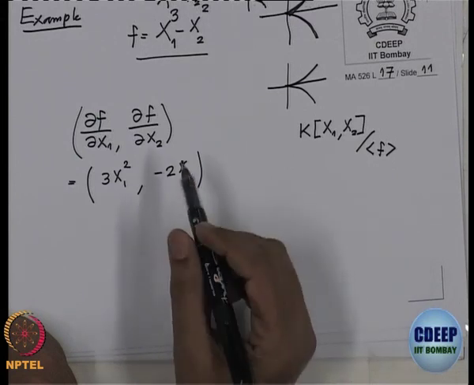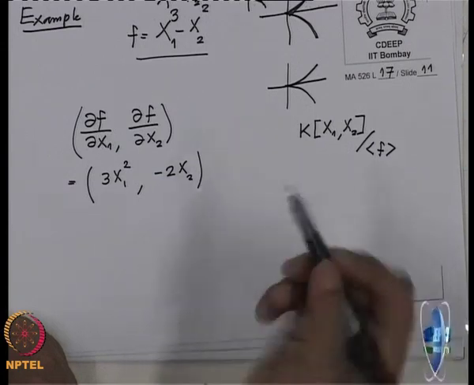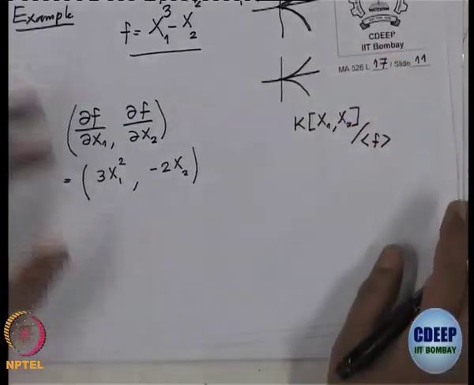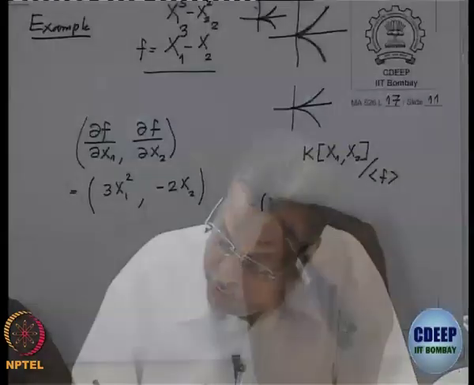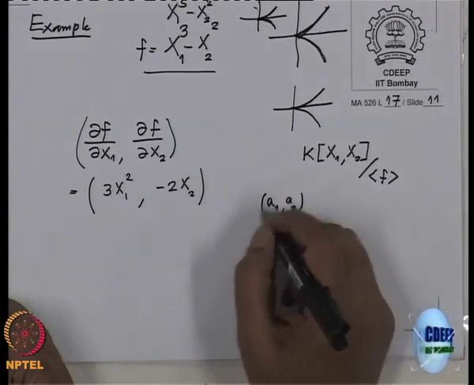So, we are looking for solutions now. Let us also assume, if you want to assume, algebraically closed, or it is not necessary. So, let us take a point a1, a2, and we are testing whether this is singular or not.